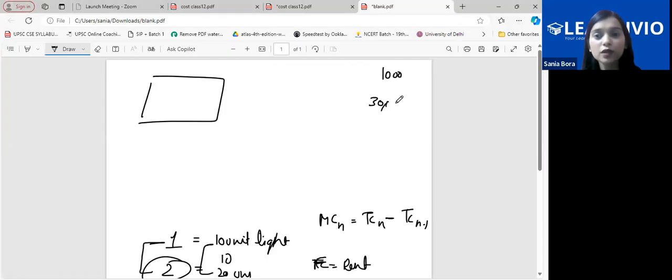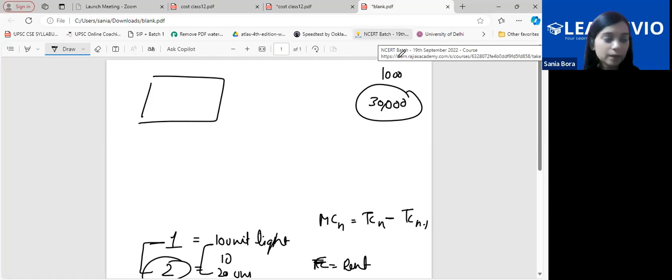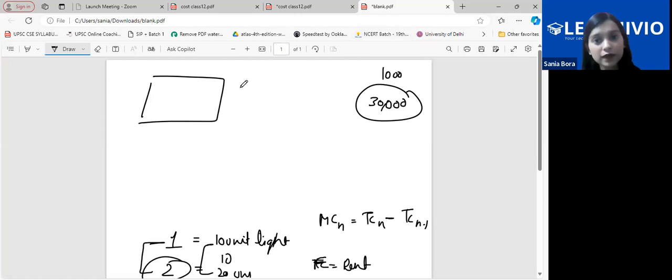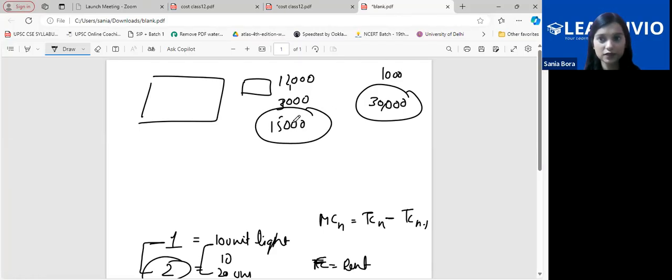So in total for a month, you were spending 30,000 rupees just to print your pages. Now you bought a printer for example for 12,000 rupees, and let's take 3,000 rupees for pages. So in total, you spend 15,000 rupees. So did your marginal cost increase or decrease? Decrease, right?